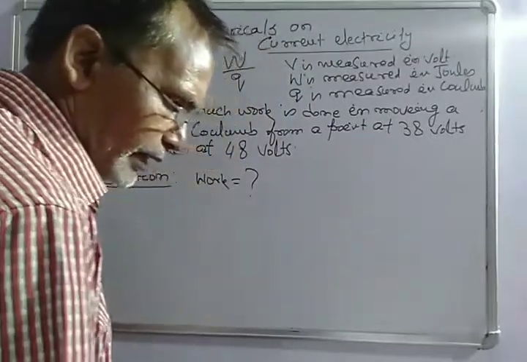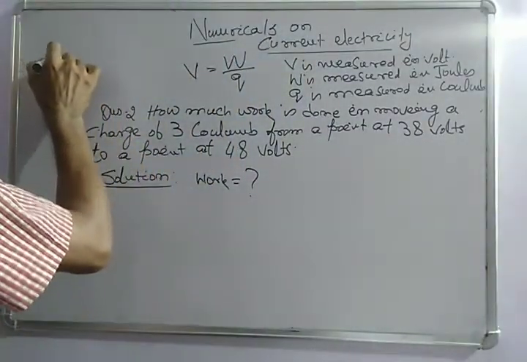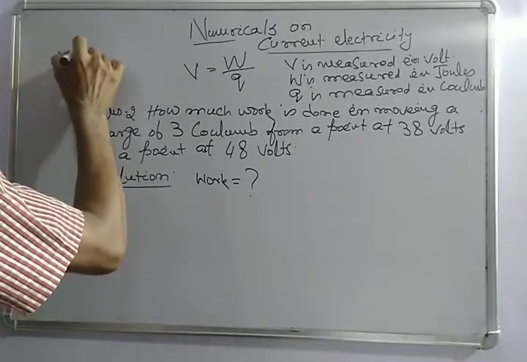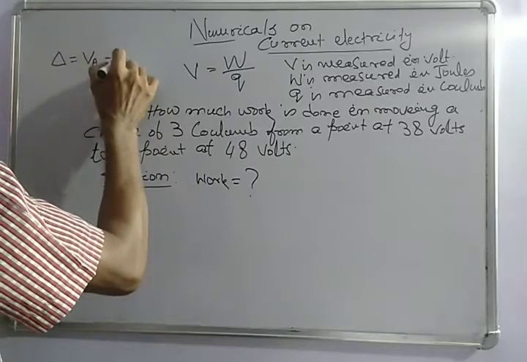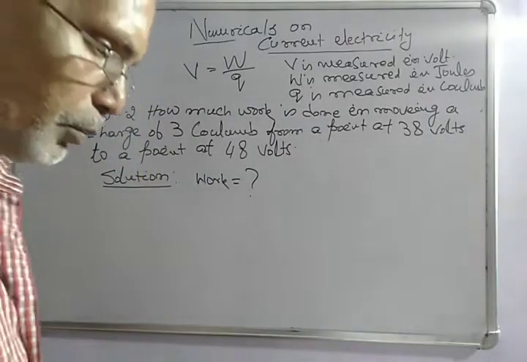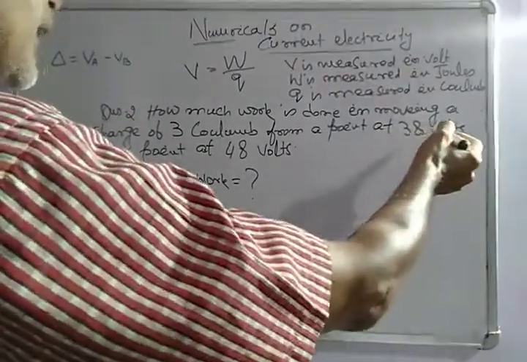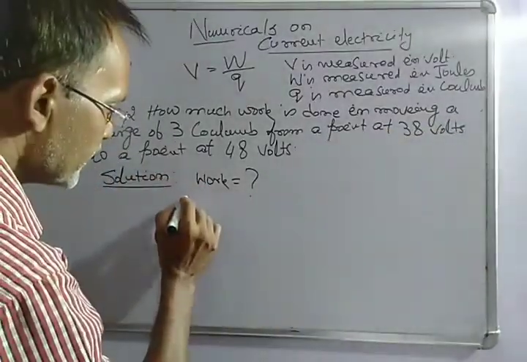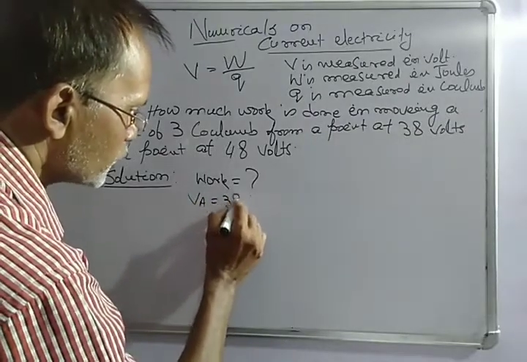So next one is to get delta V, that is equal to final volt minus initial volt. Here, from a point at 38 volt, that means VA is equal to 38 volts, given.